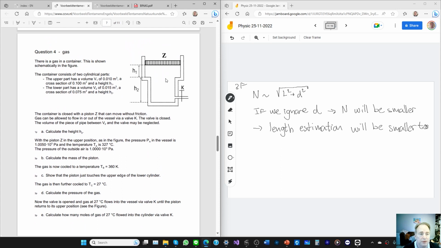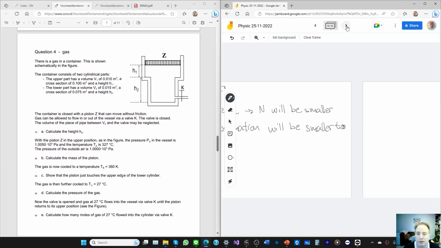Moving on to question 4. There is a gas in a container. This is shown schematically in the figure. The container consists of 2 cylindrical parts, an upper part and a lower part. It's closed with a piston here that can freely move without friction.